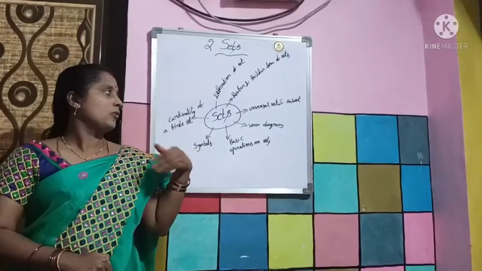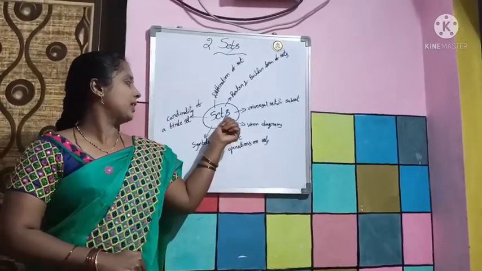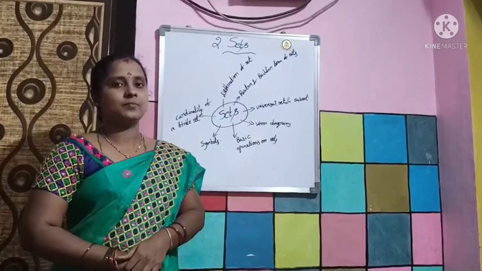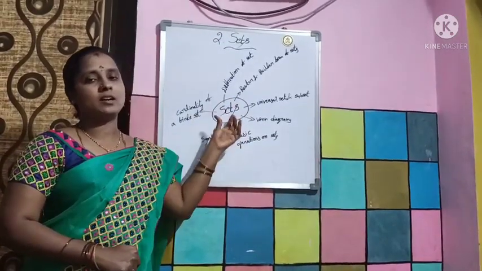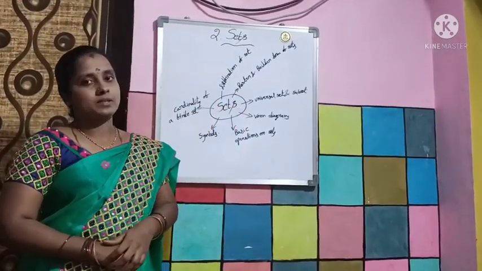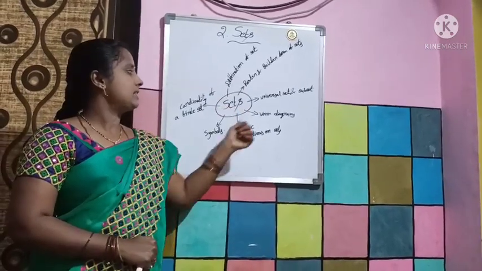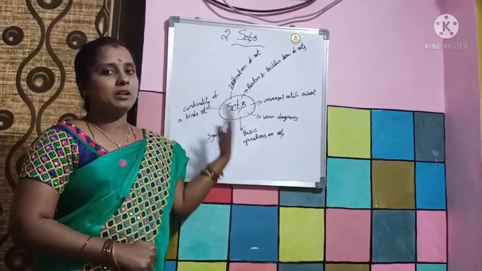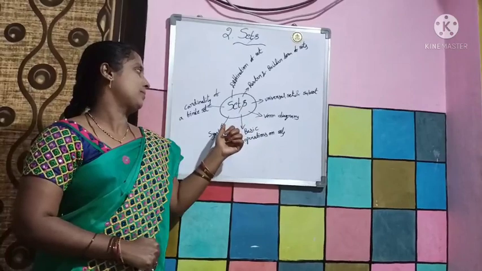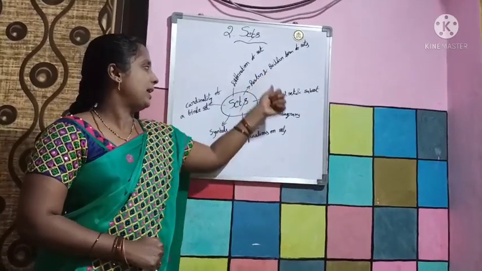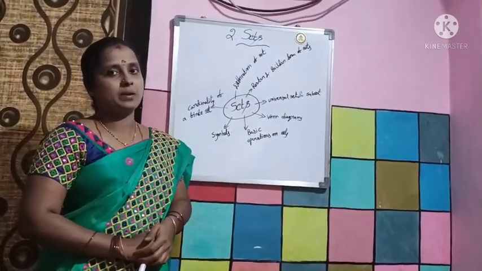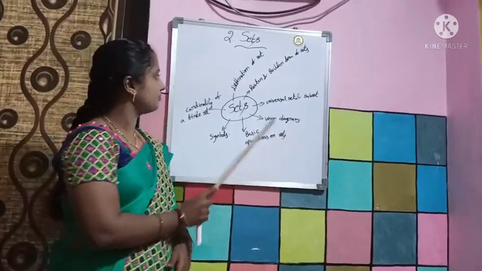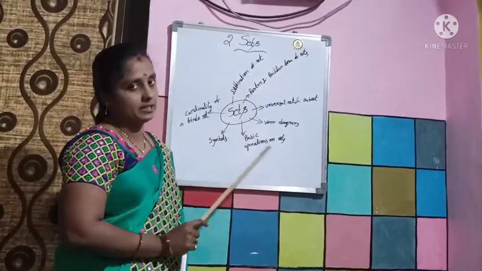First, what we learn in the sets chapter, the new terms. This is the mind map of the main topics we learn first in the sets chapter. First one is the definition of set.